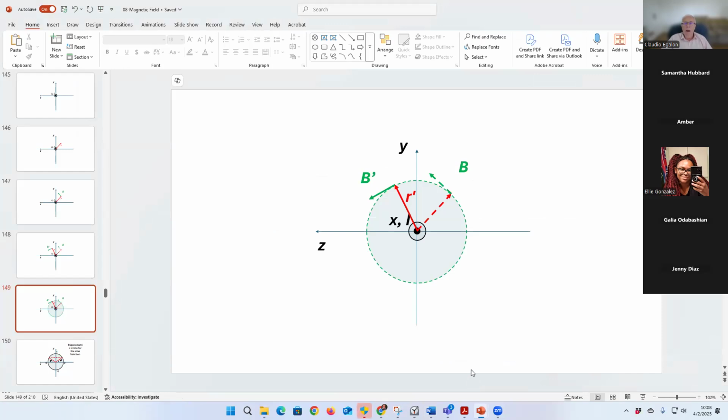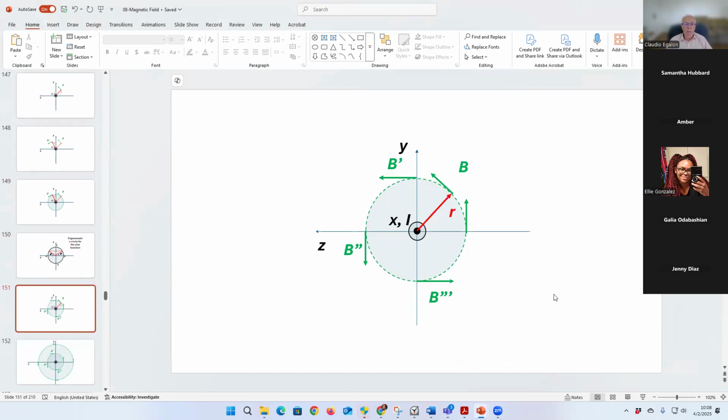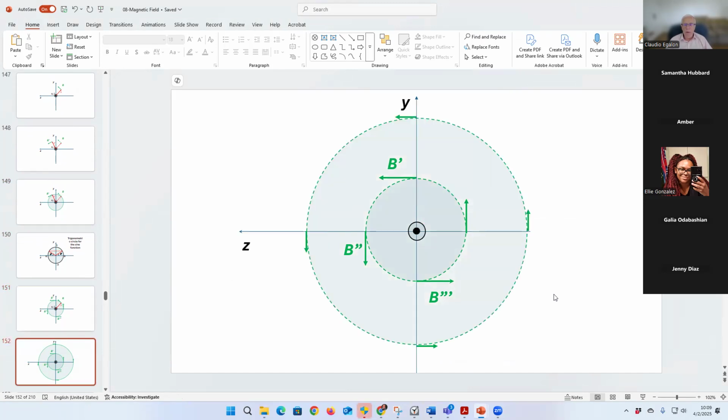Here is an illustration of the magnetic field circulating around the current. Let's see if I have another one. Okay, another one, a better one. And the further away we are, the weaker the magnetic field becomes. That's why this arrow here is shorter than this other arrow.